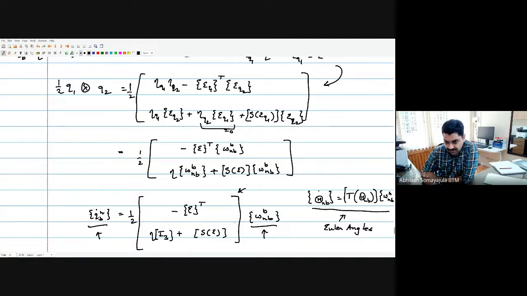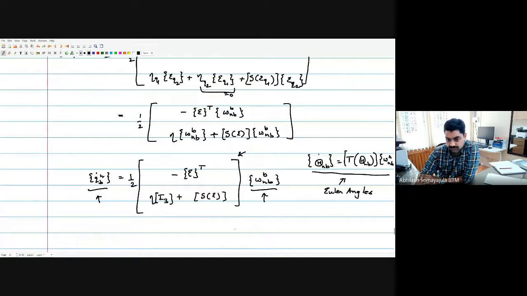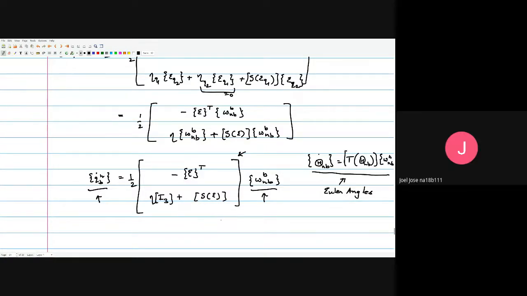What should be the size of this matrix? It should be 4 by 3, 3 columns and 4 rows.